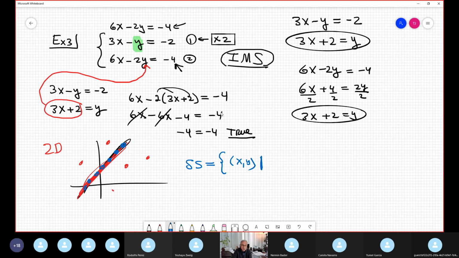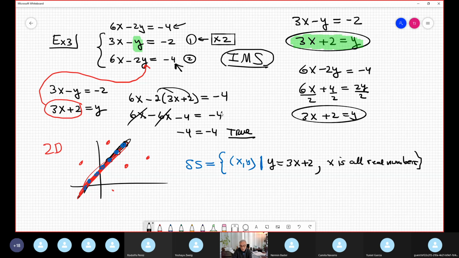I prefer to take the easier equation and solve for y, like that. And you copy this. This is y such that y is equal to 3x plus 2. And you declare, comma, x is all real numbers. And this represents perfectly this line. Any point on this line.